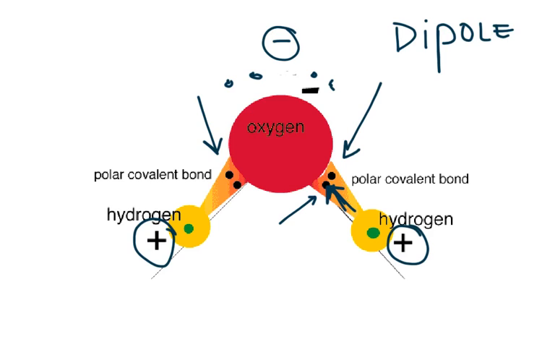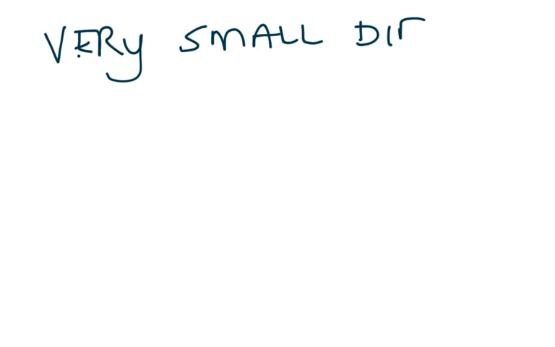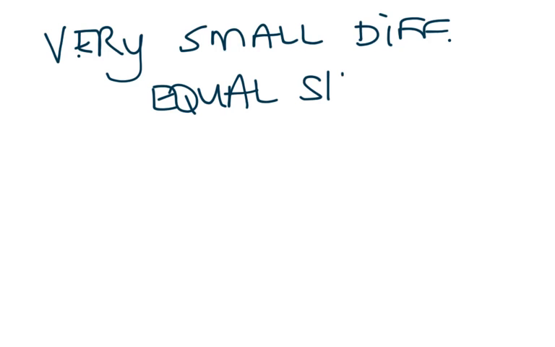The other possibility is if we really don't have much of a difference at all. If you get a very small difference in your electronegativities, you are going to be sharing, but it's probably going to be an equal or somewhat equal sharing. Sometimes if it's a teeny tiny difference, it's not 100% equal, but it's close enough.